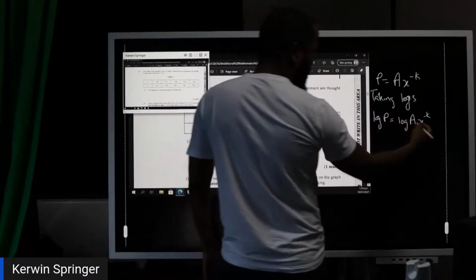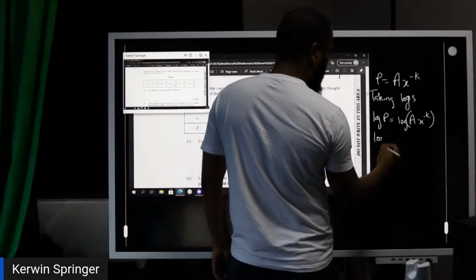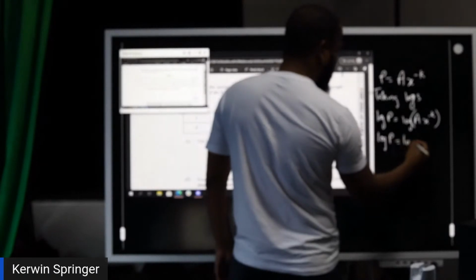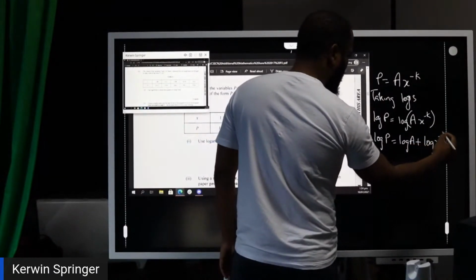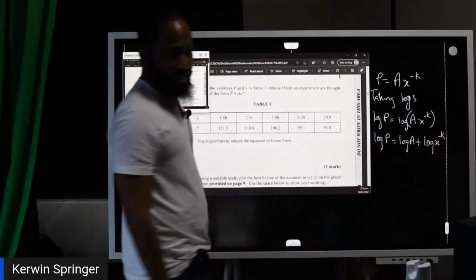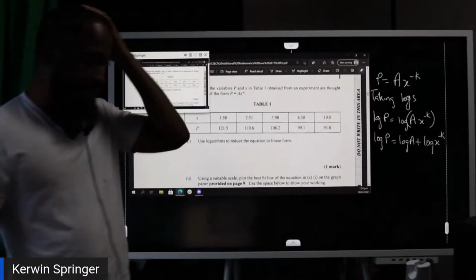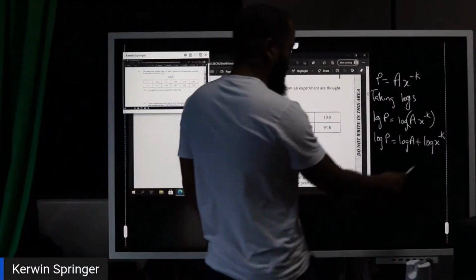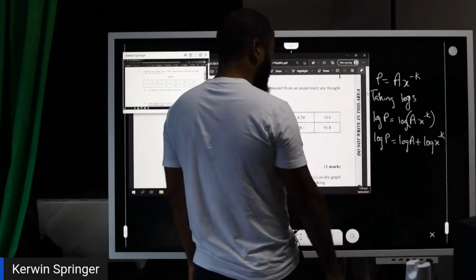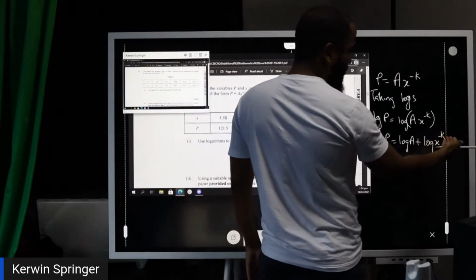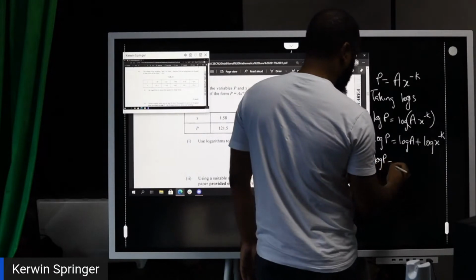So when you have products like this, you could think of this as one product. This could separate. The rule says that this is actually log of A plus log of X to the negative K. Tell me in the chat if you understand that, if you have that rule for the exam already. And then one of the best rules with logs is that you can drop exponents down in front, like that. Let me show you.